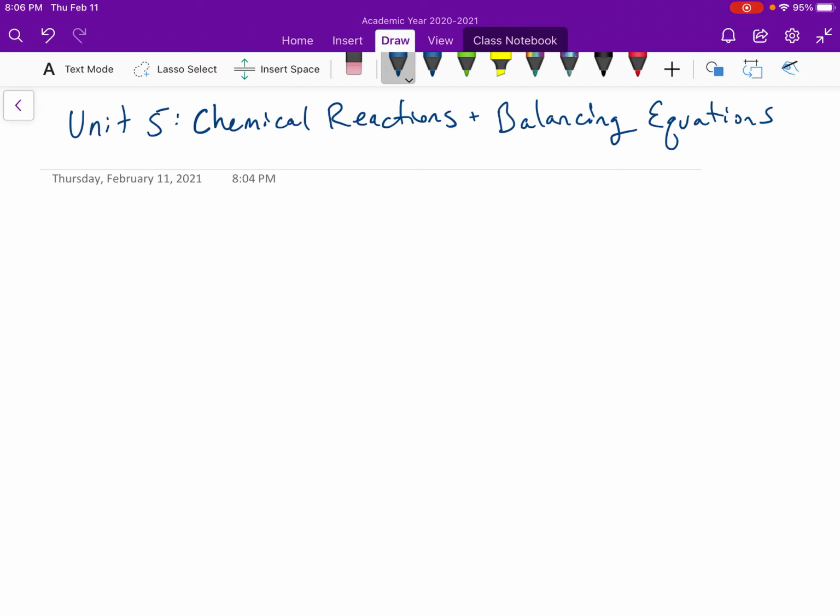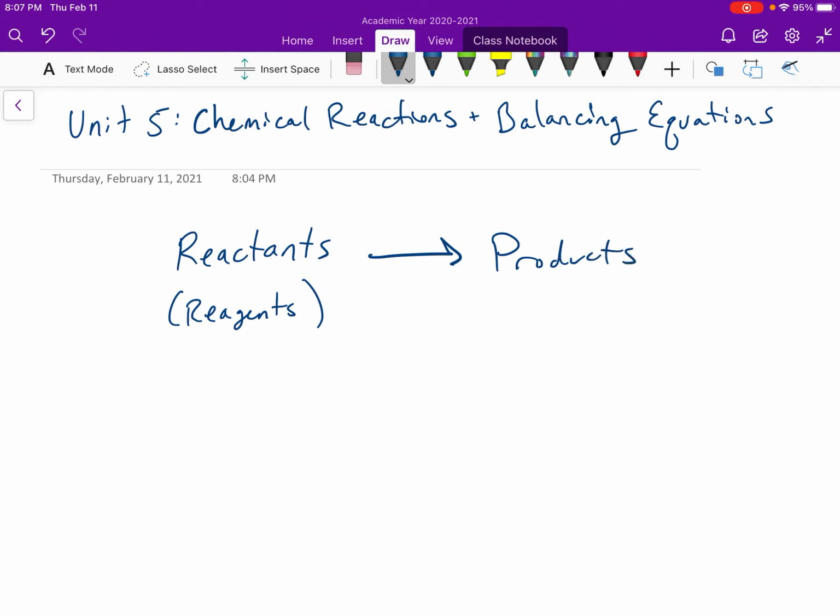So, just basic lingo. Everything to the left of an arrow on a chemical reaction is called a reactant, or sometimes a reagent, right? Same thing. Then we have an arrow, and then we end up with products.